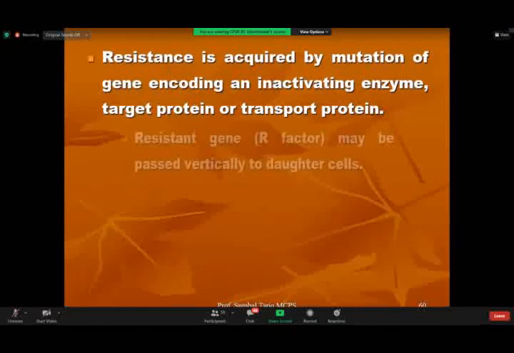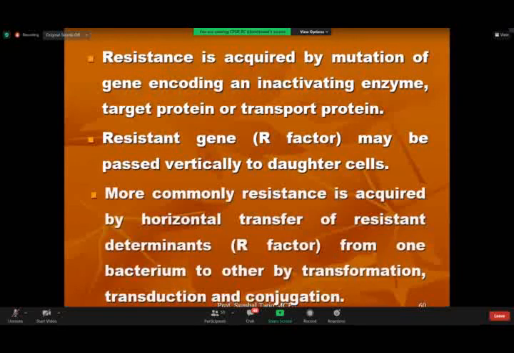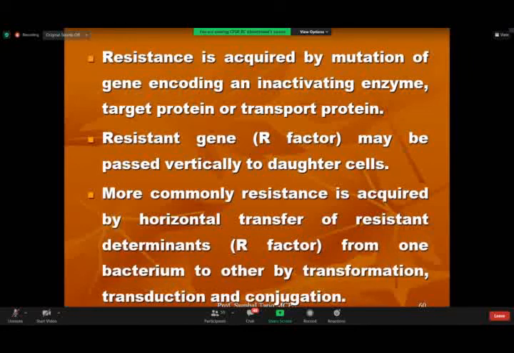Then another way would be that the bacteria have a mutation or gene encoding of inactivating enzyme, target protein and transport protein, and they change all of them. When there is a gene mutation and the macrolides go to the ribosome and want to bind to a certain translocation protein, it is so changed it can't recognize it.